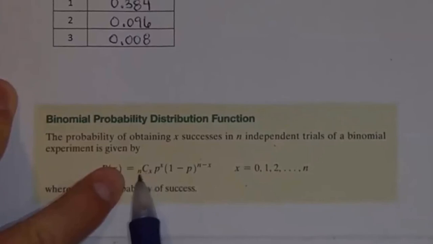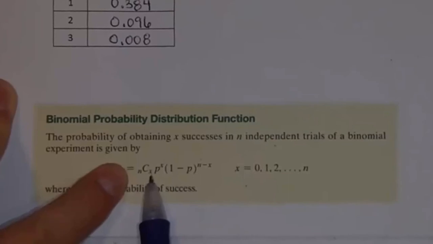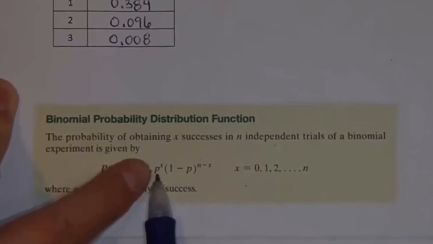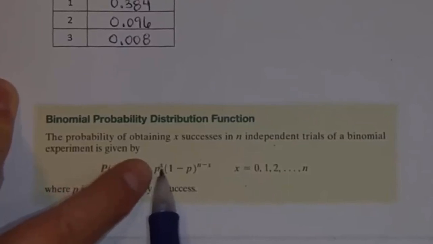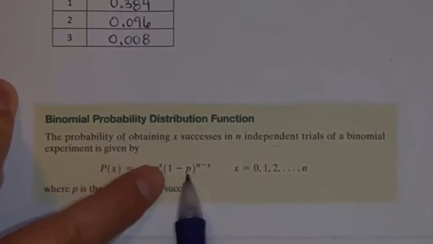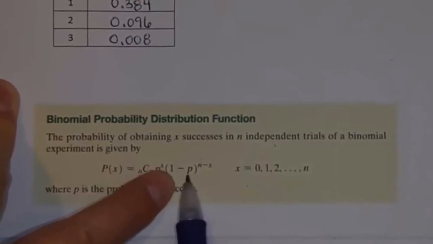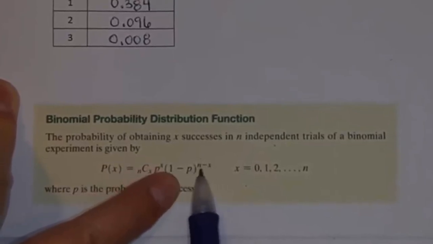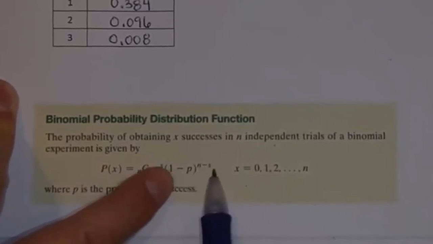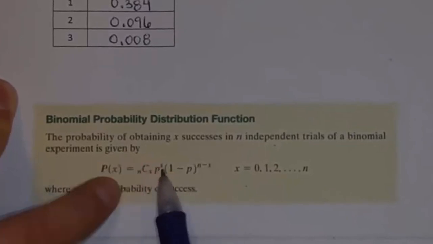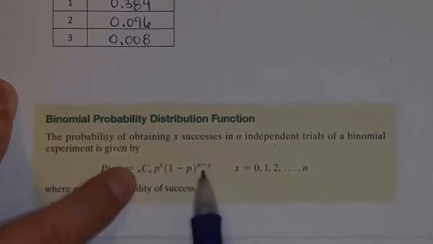So it's the combination of N choosing the number of successes, times the probability of success raised to the number of successes power, and then 1 minus P, the probability of failure, raised to the number of failures power. If there are X successes and N trials, then there would be N minus X failures.